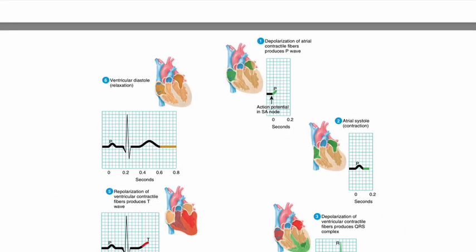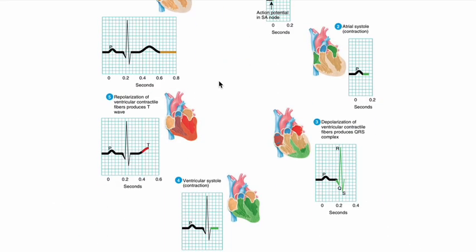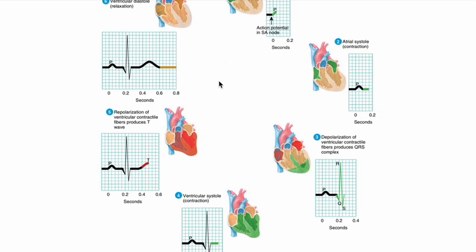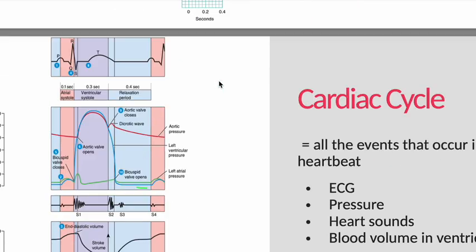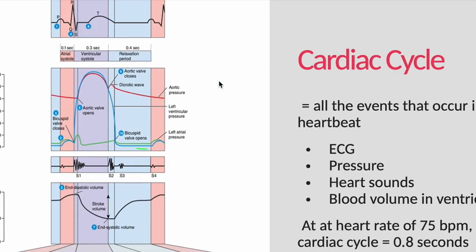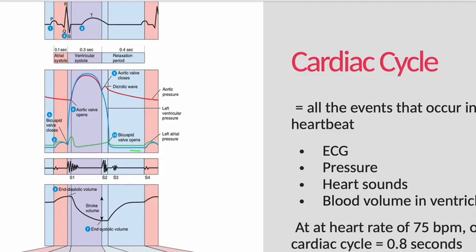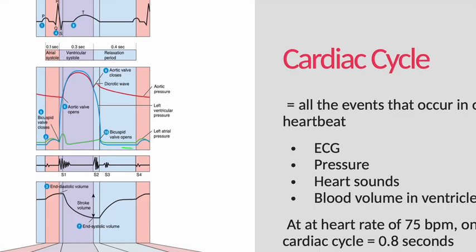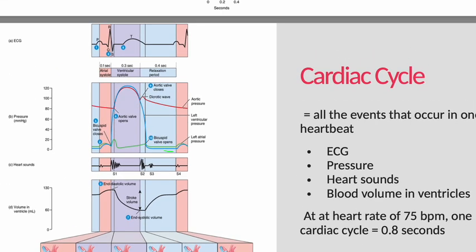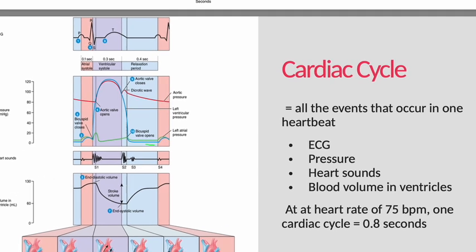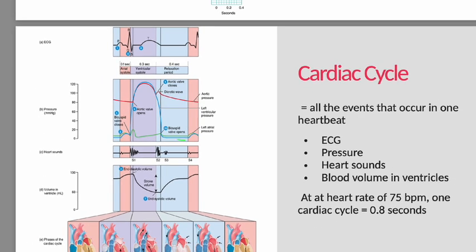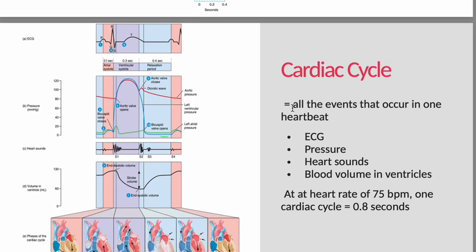So again, a really helpful figure to go through in detail what is happening in each step of that ECG. So we can put that ECG into a little bit more detail, and look at what's happening in the heart.